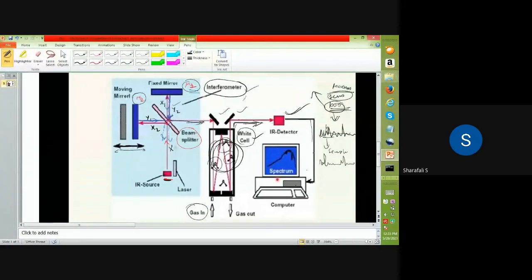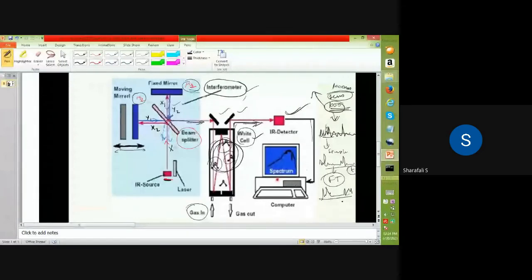The detector gives that data to the system, and the system stores all those points in its memory location. Correspondingly, it will do the Fourier transformation of that radiation, which varies with respect to time. That will be converted into the frequency domain, and we will get the corresponding frequency spikes.